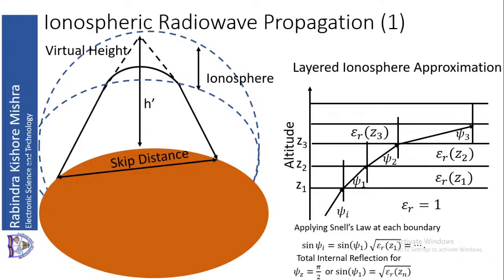So this explains why there is a bending of the ray or beam when we send a beam from the earth to the atmosphere at the proper frequency and proper incident angle.